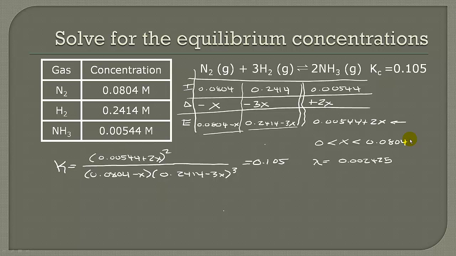Now, having said that, once you see that your answer is positive, that's good. The other way you can check your upper bound is simply by plugging x into each one of these expressions. So let me go ahead and do that. I'm going to take 0.0804 and subtract x from it, and I get that the concentration of N2 is 0.07798 with 3 sig figs.